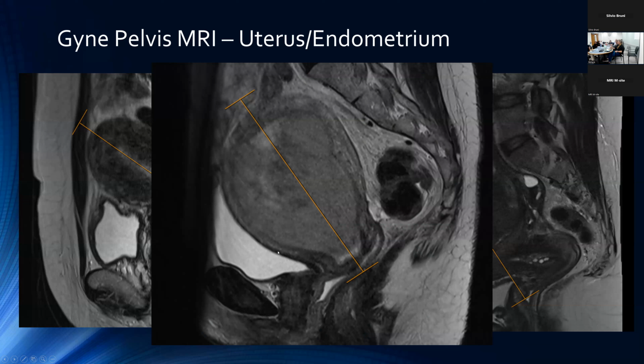Here, another case where the zonal anatomy is essentially distorted by this large endometrial T2 intermediate mass that's expanding the uterine endometrium quite substantially, potentially invading slightly into the myometrium anteriorly.